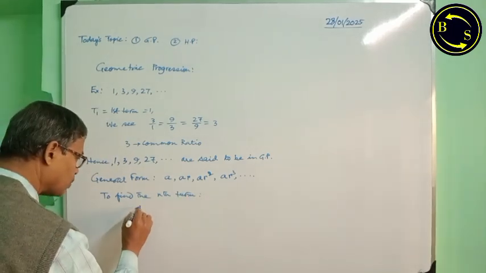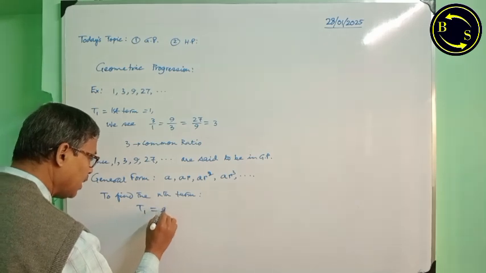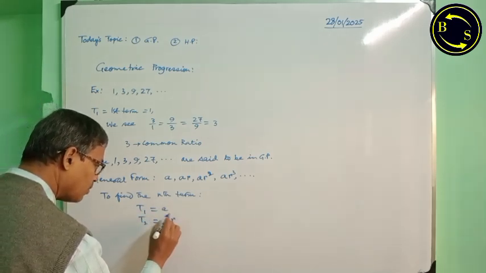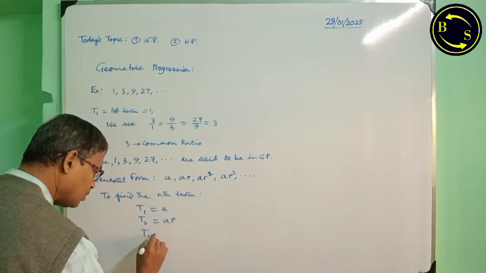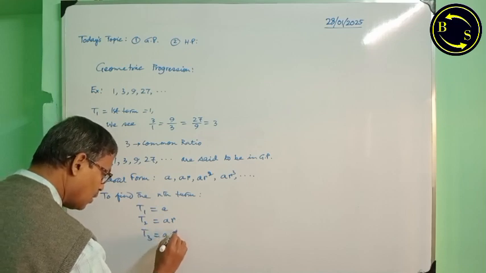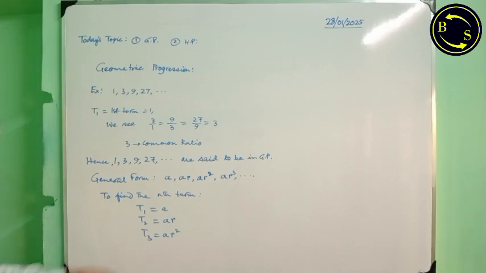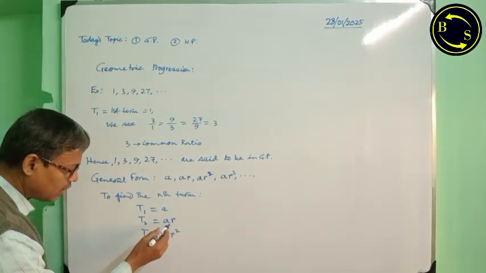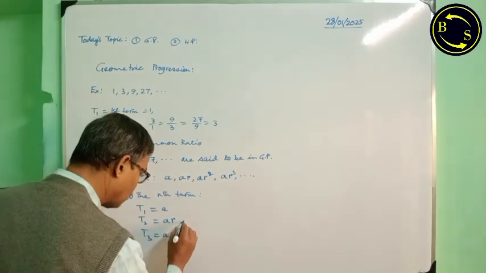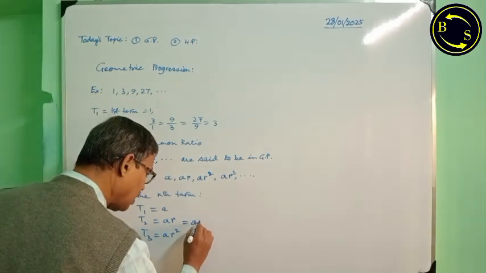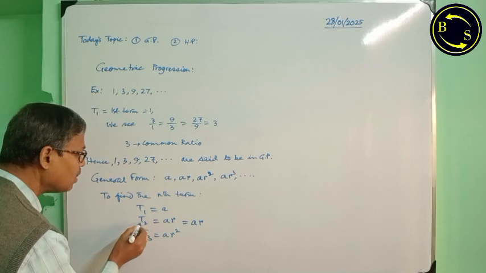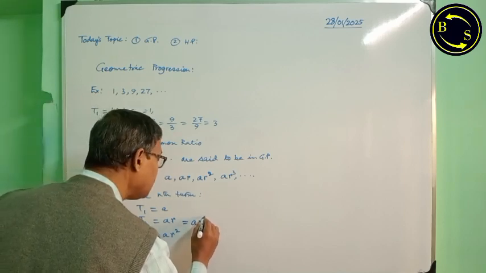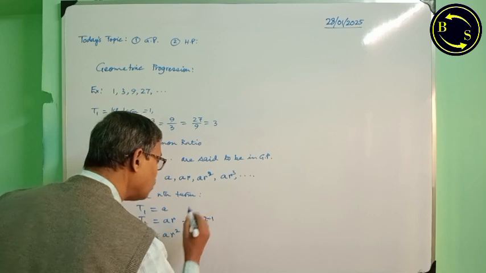We see first term is A, second term is AR, third term is a r square. Now we note the power of r. In the second term, power of r is 1, and that 1 can be written as a r, keeping term number in mind, it will be 2 minus 1.